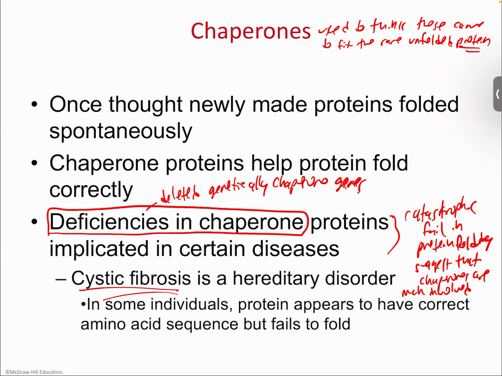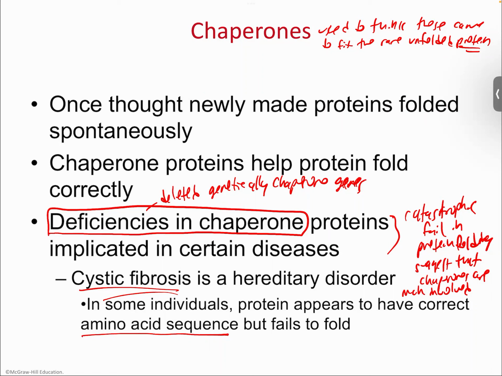So the protein is misfolded. It's otherwise normal, but it's a misfolding problem. Here's the important thing: it has the correct amino acid sequence. If our original idea was that these things spontaneously fold if we have the sequence in place, then this shouldn't have a problem, but it did.